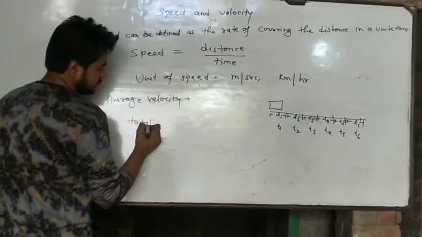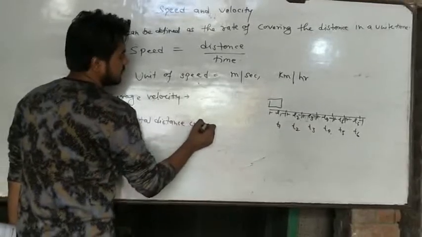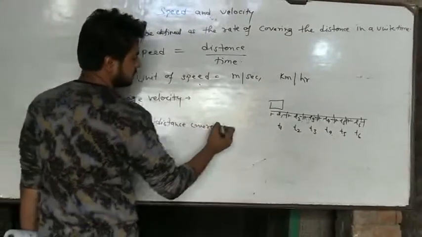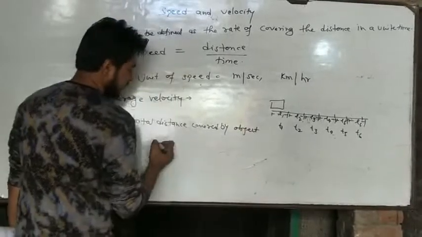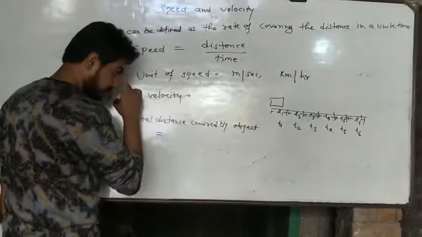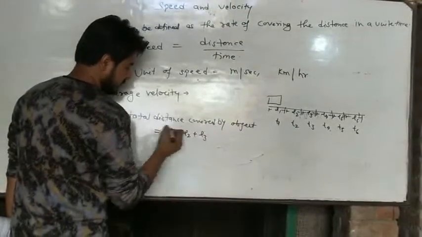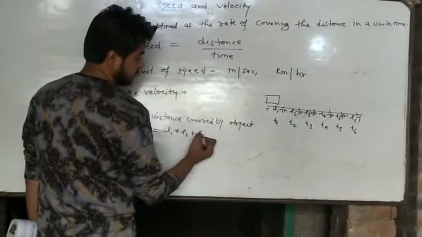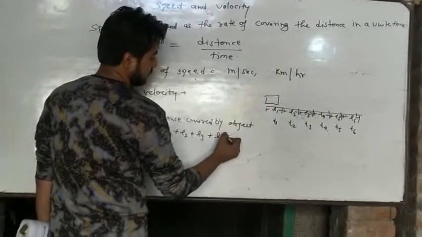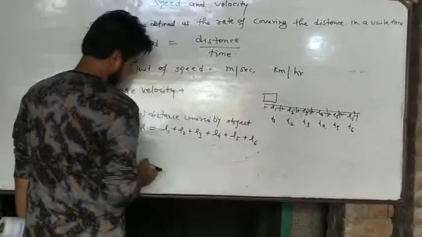The total distance covered by the object is equal to L1 plus L2 plus L3 plus L4 plus L5 plus L6.